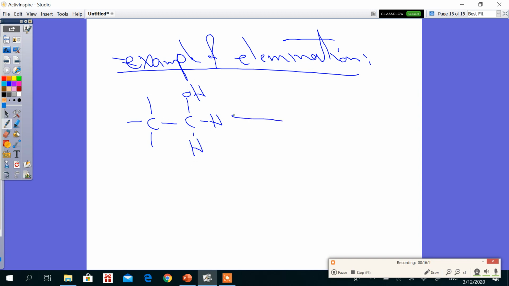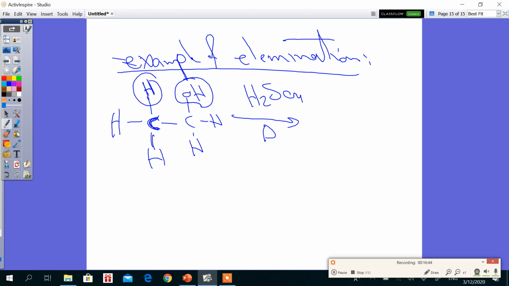When we put a dehydrating substance, sulfuric acid, it eliminates water; it can absorb water from the compound. So I want to absorb water here. I take the hydroxide from one carbon and the hydrogen from the other carbon in that ethanol, CH3CH2OH.